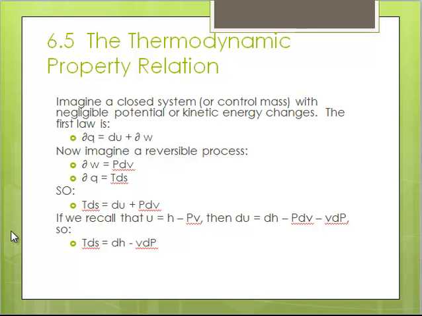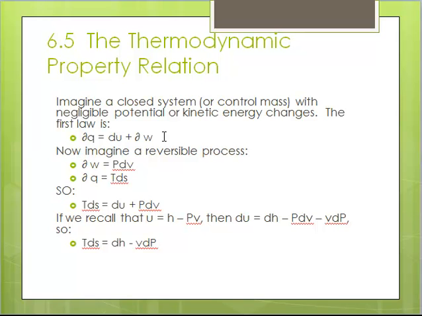The other thing that we want to do before we can really move on, this is a very, very important result, but it's going to be something that we're going to use as a tool to derive equations more than what you will use to calculate intermediate results. The idea is let's look at a closed system first law problem without potential or kinetic energy changes.